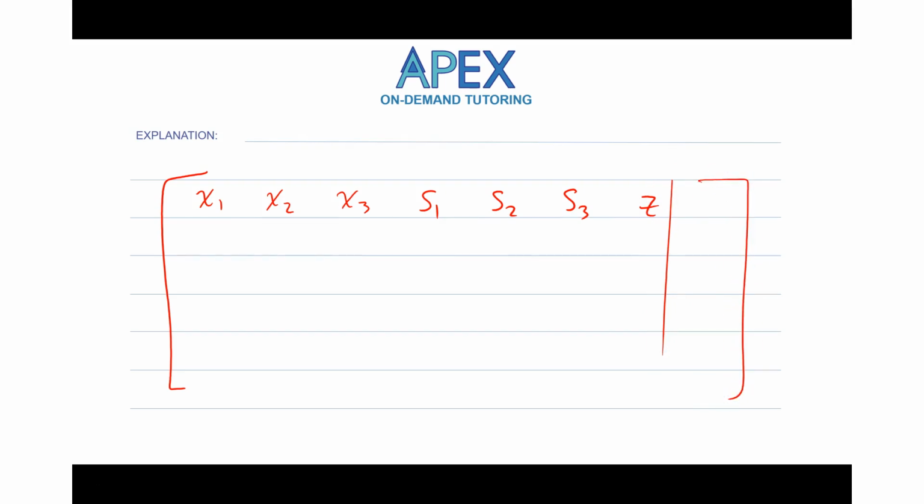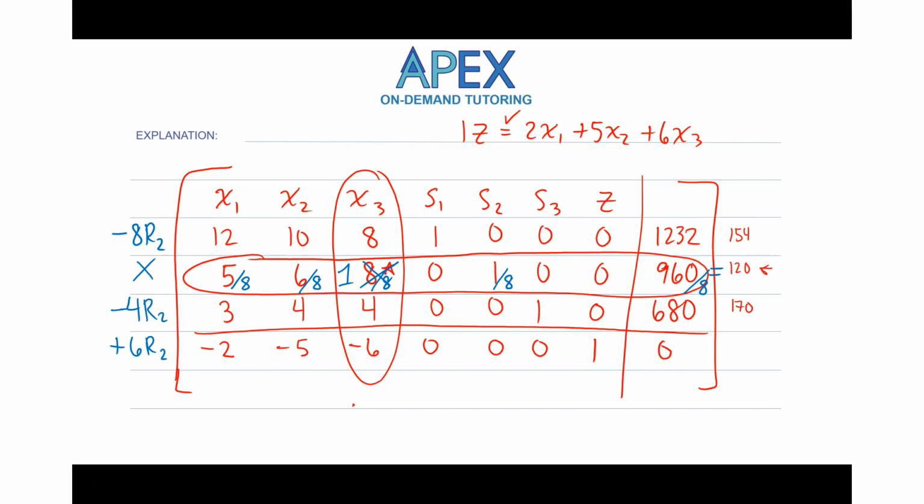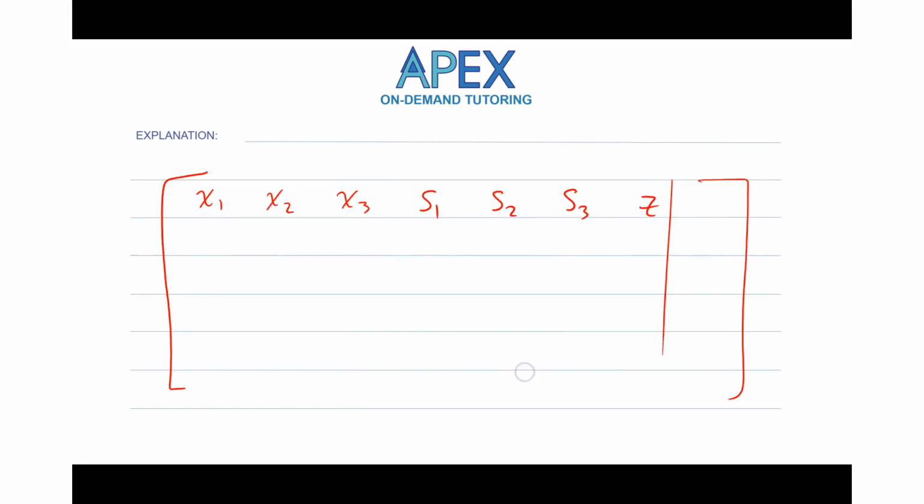Okay, and remember that what we're doing is we're adding -8 times r2 to r1. And what I suggest is, again, that you take a look at the math and check, but we're going to have 7, 4, 0, another 0, -1, 0, 0, and 272.